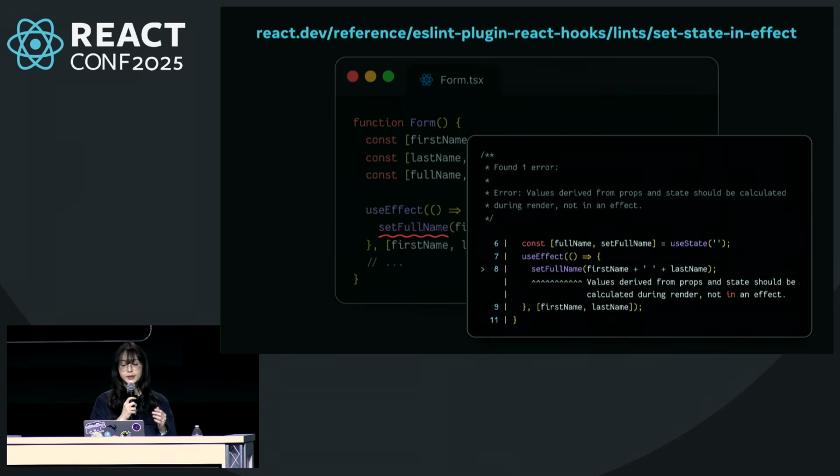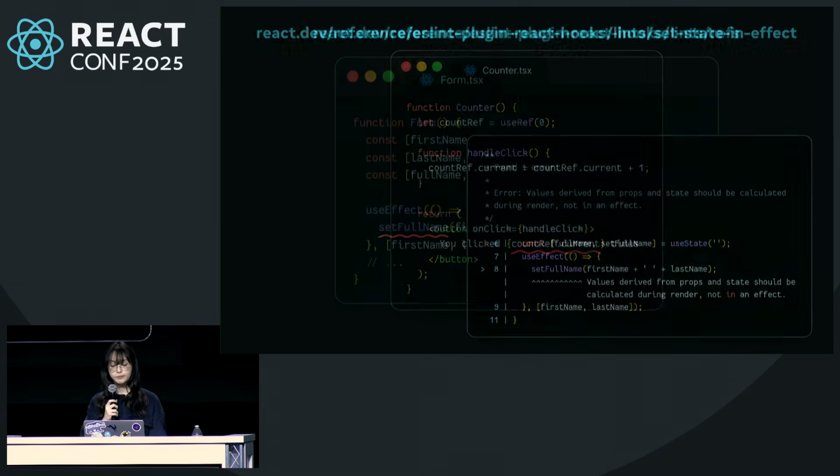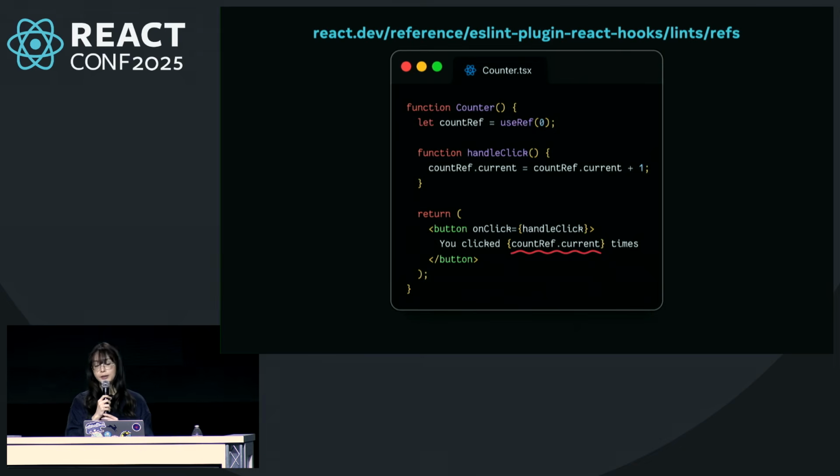So for example, here we can see that the linter tells us that, hey, don't do this, and instead calculate the value of fullName during render. Let's look at another example. If you've ever used a ref in React, you'll know that it lets you remember some information, and whenever that information gets updated, it doesn't re-render the component.